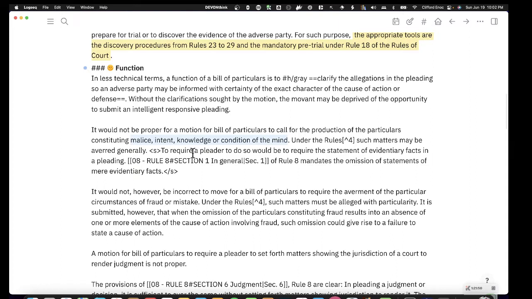Under the rules, merong rules ito, that matters shall be averred generally. So yung mga pagka mayroong malice, intent, knowledge, or condition of mind, dapat averred generally lang, no? Pagka sinasabing to require the pleader to state evidentiary facts in the pleading, ito yung mga statement. This statement here is from the book, no?